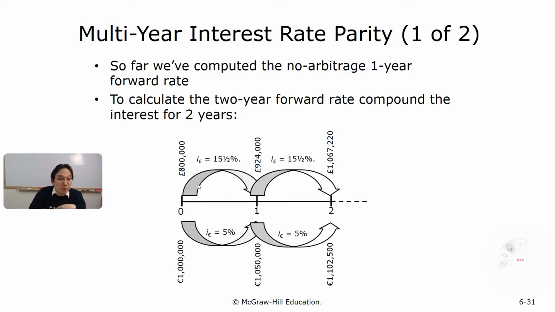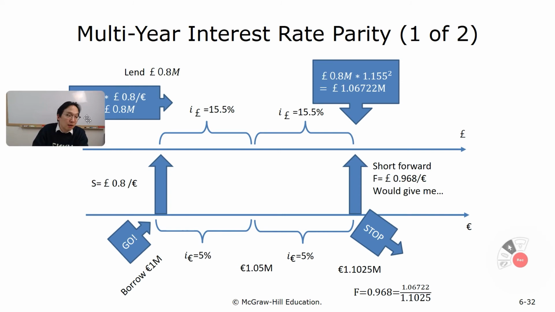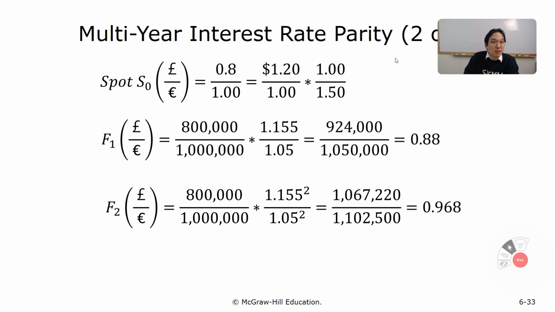So 15%, 15.5% period by period. 5%, euro. Next slide. Yeah, with the same diagram, I told you, like 2 lines like this. So that's how we understand it. And what you see is this relation.